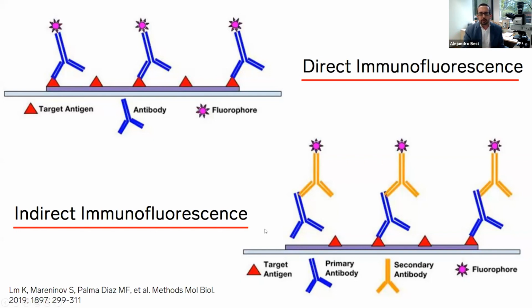But you can also do an indirect immunofluorescence where the primary antibody is not tagged, but then you apply a secondary antibody that is tagged, and instead of recognizing the antigen of interest, it binds to the primary antibody that you applied initially. Just variations of the same idea, right?